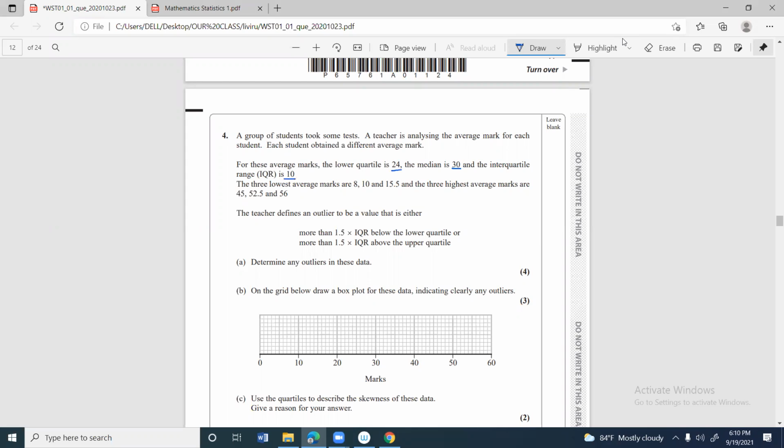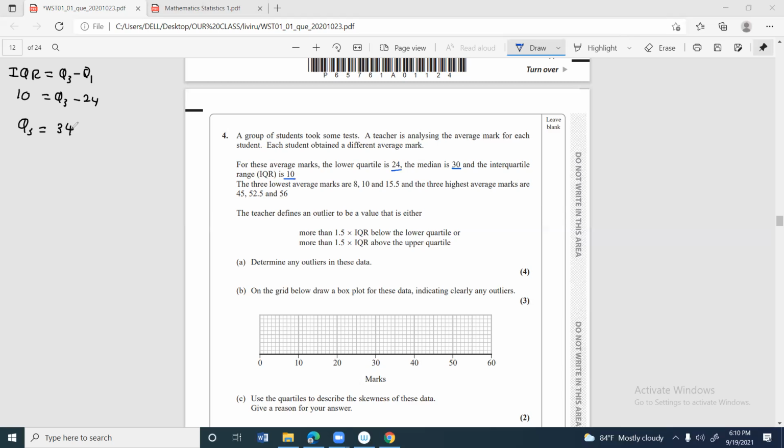With this information, we can find Q3. We can say IQR is equal to Q3 minus Q1. The IQR they have given is 10, and Q1 is 24. Therefore, Q3 is 34.